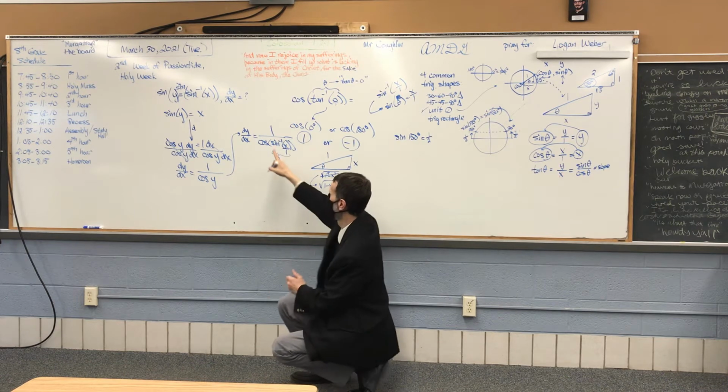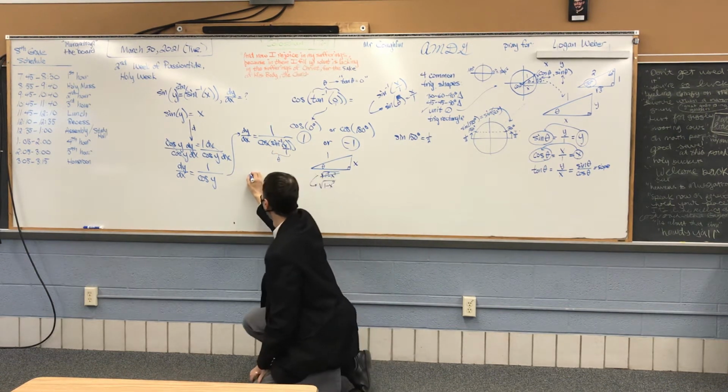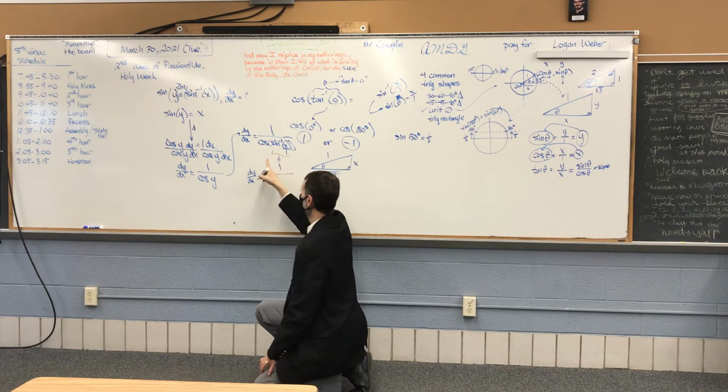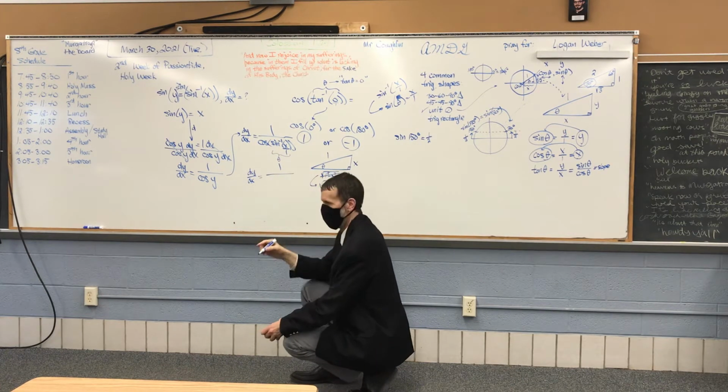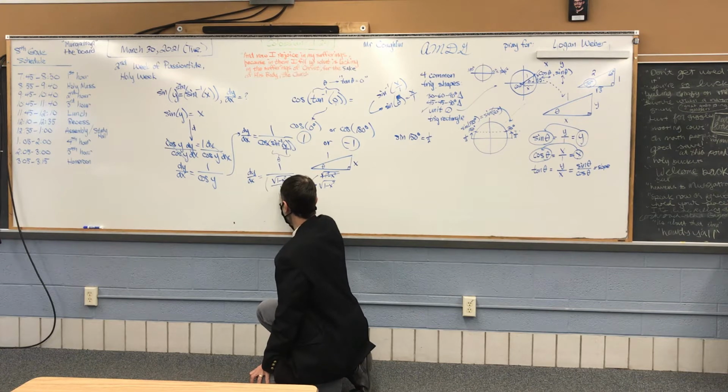Now, find the cosine. What is the cosine of theta? It's going to be radical 1 minus x squared over 1, and dividing by 1 doesn't do anything.